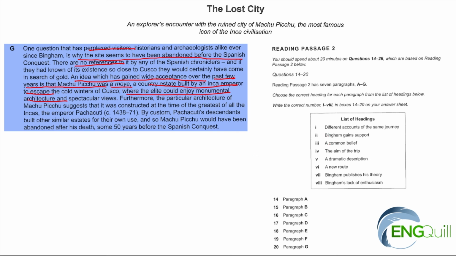But this particular paragraph is talking about the place, and an idea which has gained wide acceptance. Wide acceptance by whom? By people. It is written in passive voice: an idea which has gained wide acceptance over the past few years. So my answer definitely can't be gaining support, it has to be a common belief. So my answer to paragraph G is 3.